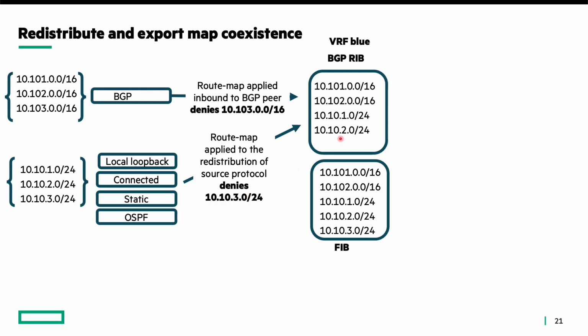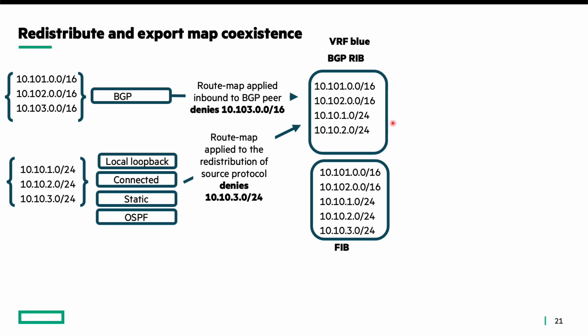The BGP route would be installed in the FIB, but since it's not in the BGP table, we don't see 10.10.3. The OSPF 10.10.3, however, comes from OSPF and is installed directly in the FIB.